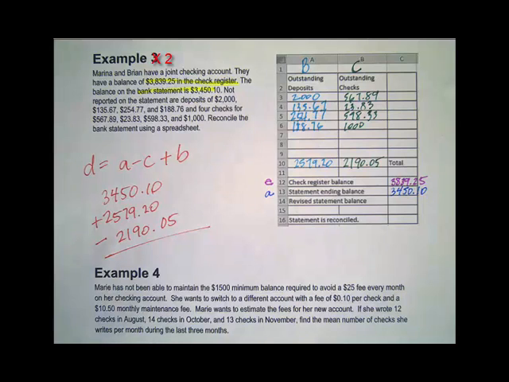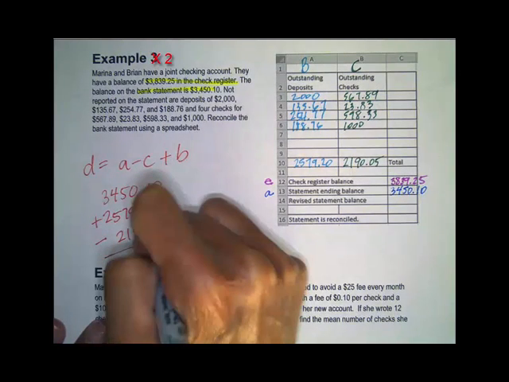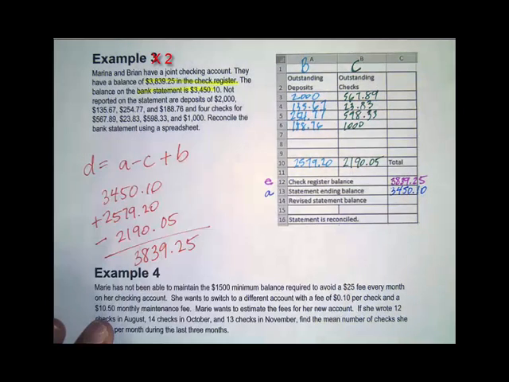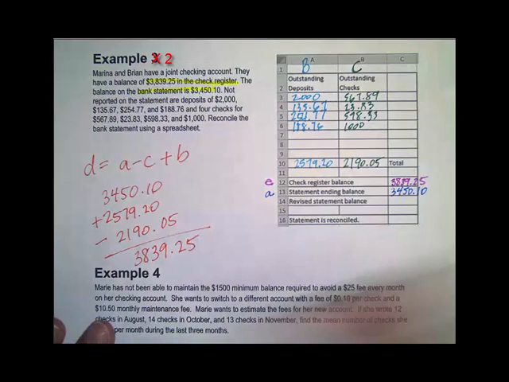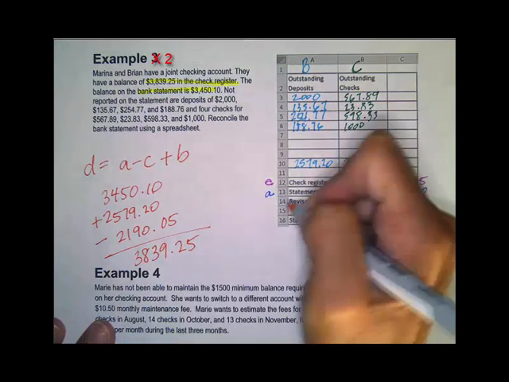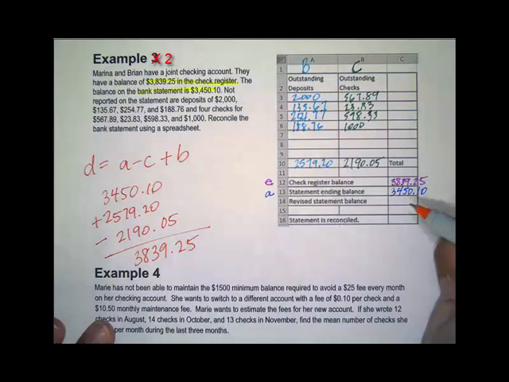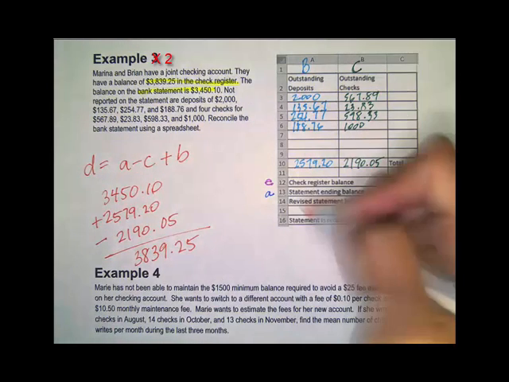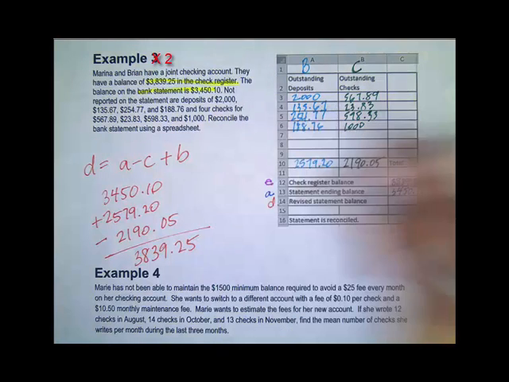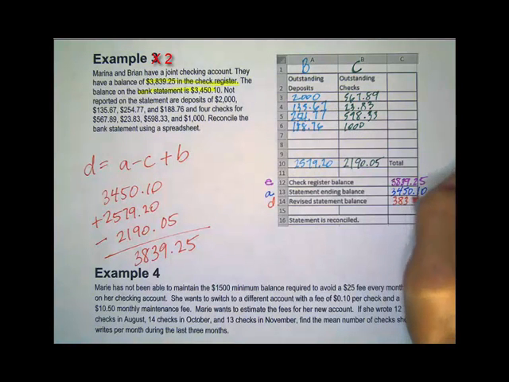So when we do that math, go ahead and pause and do that math. You get 38.39.25, which is our revised statement balance, which is D. 38.39.25.